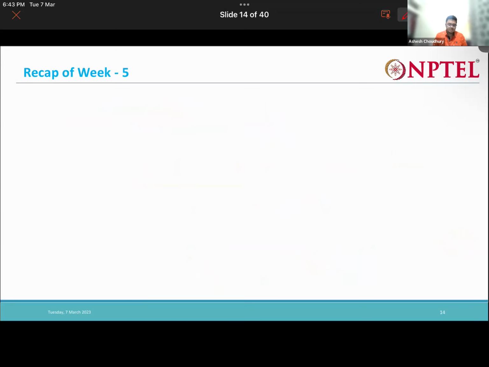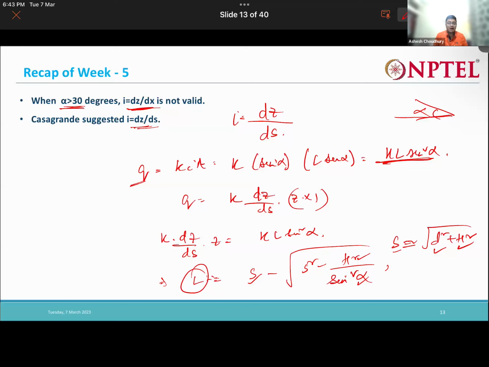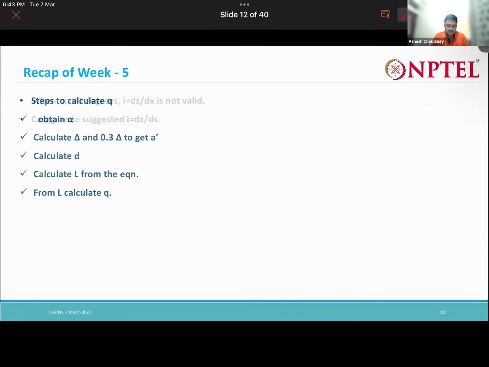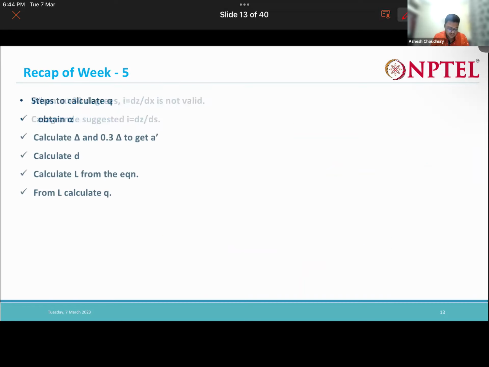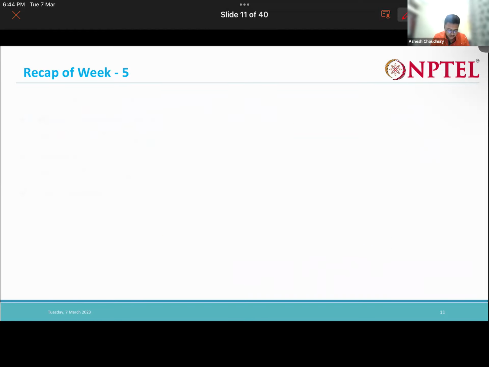One more thing I will suggest is that please go through how to draw the flow net in case of these earthen dams, how to actually construct the flow net. You can get it in any standard textbook like Gopal Ranjan. I'm not sure if it's there, or you can get it in the Arora book also. It might be there in Arora or any other book. So please see once how to draw a flow net for this kind of hydraulic structure, these earthen dams.